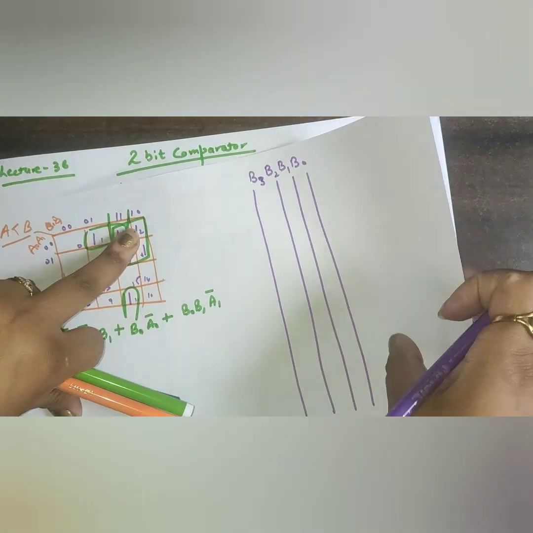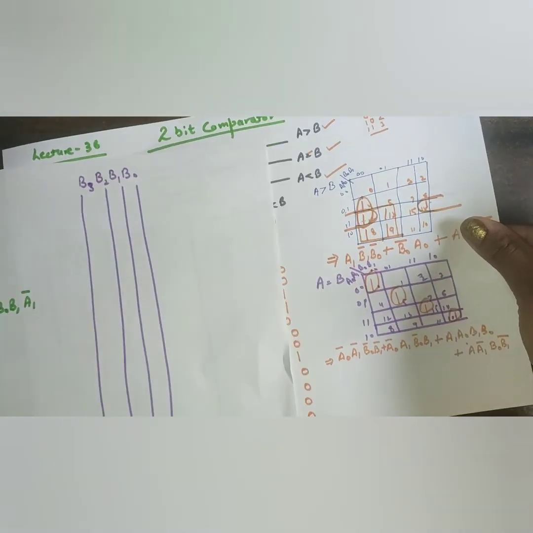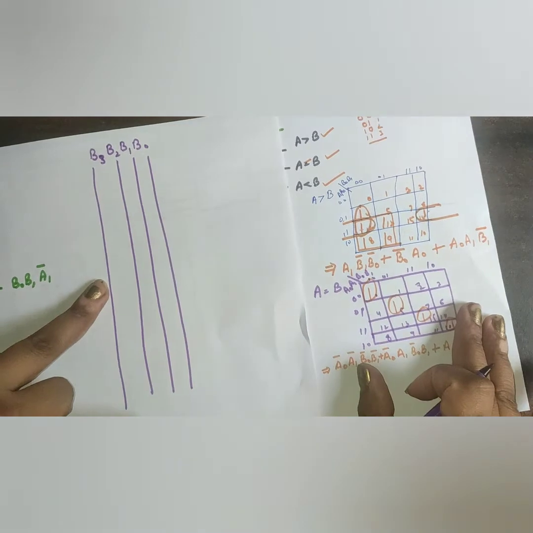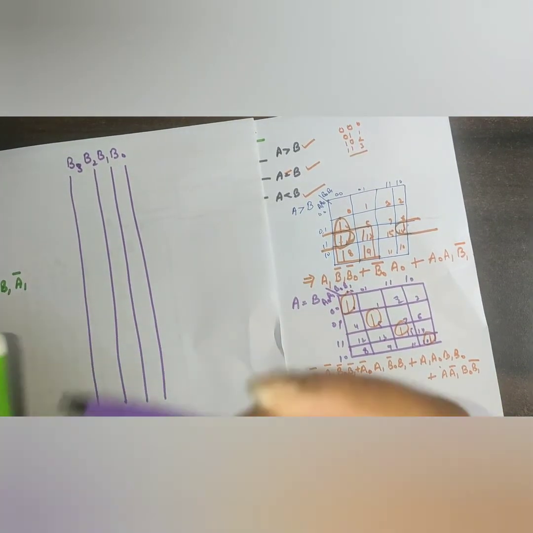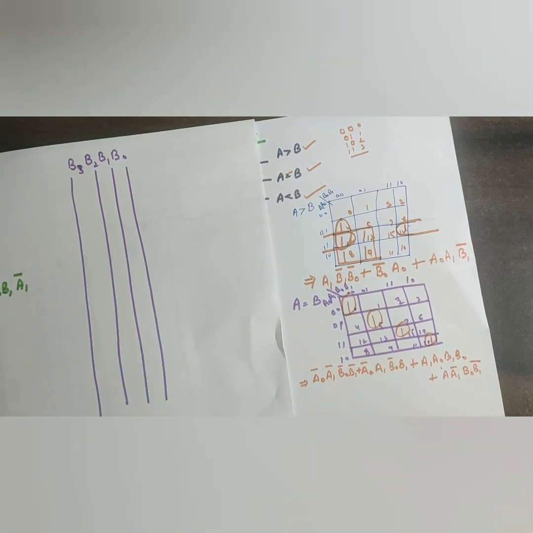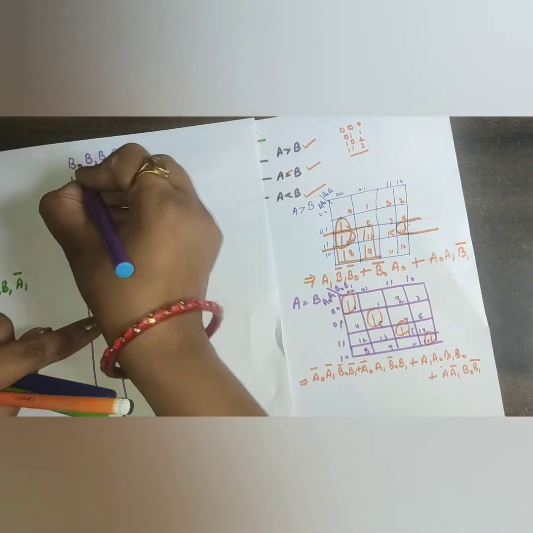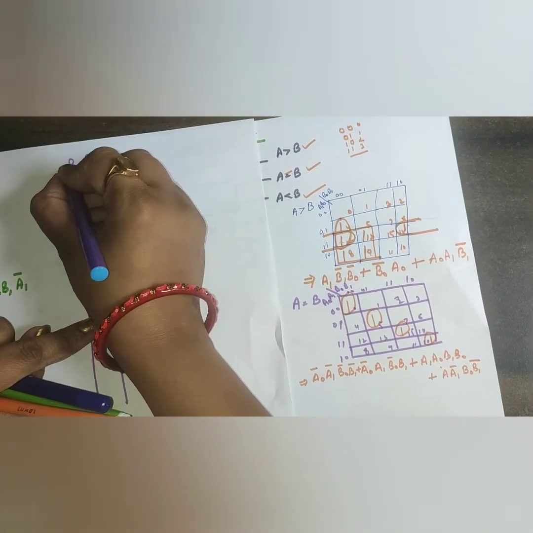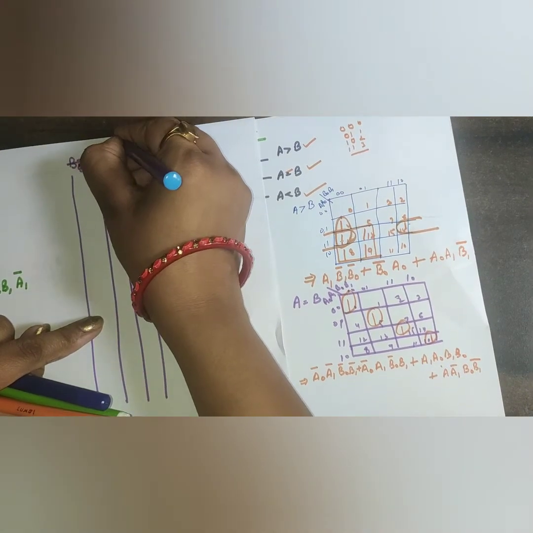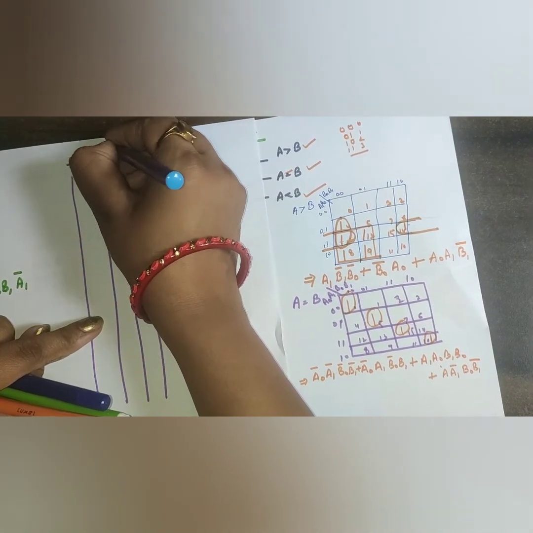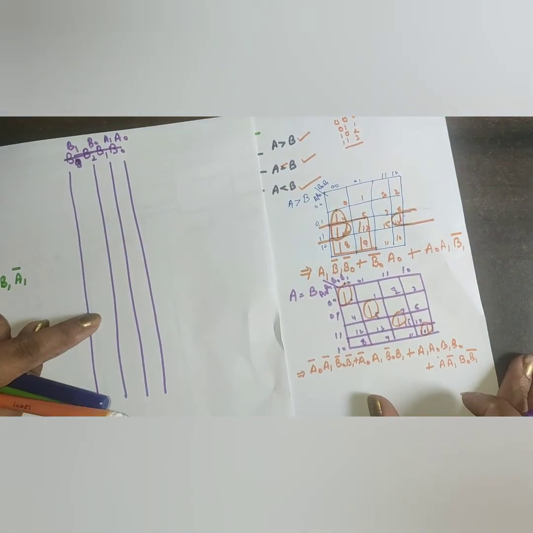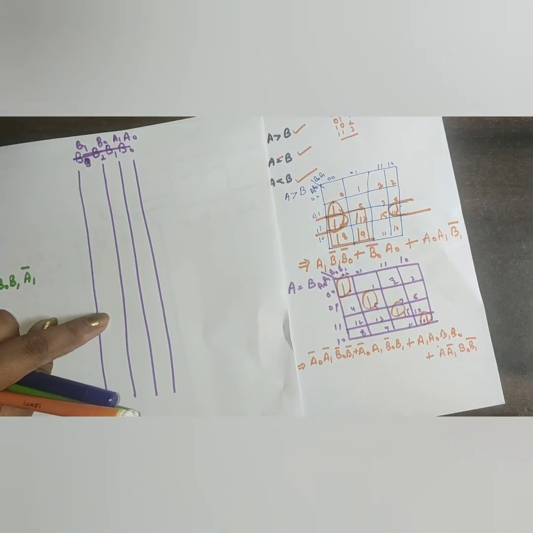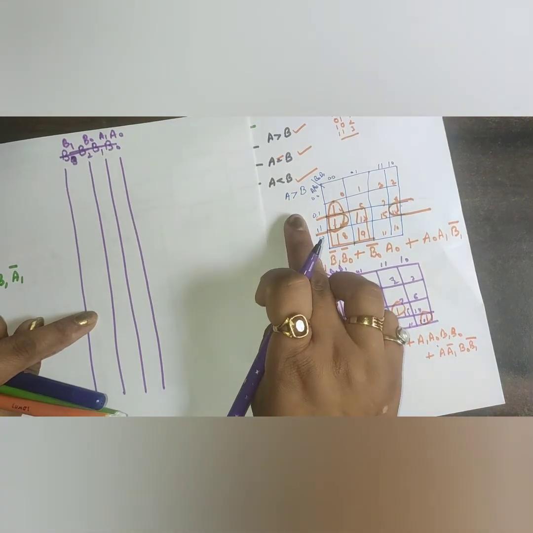So you can check this for A greater than B. You should make it like this. The conditions are A0, A1, B0 and B1, 4 inputs.